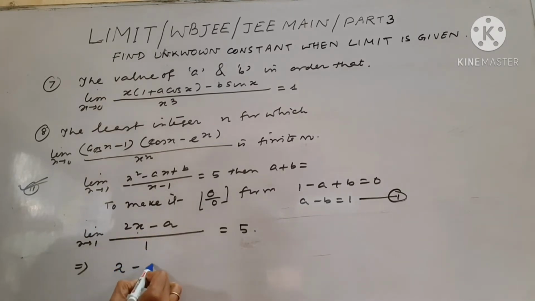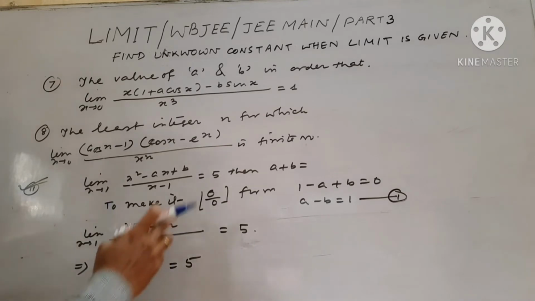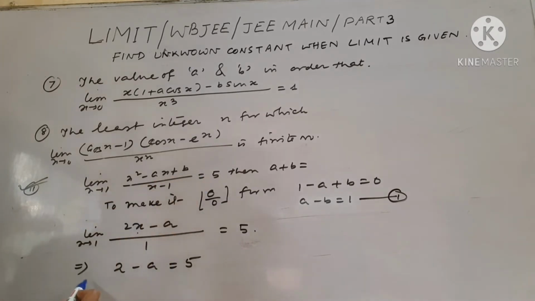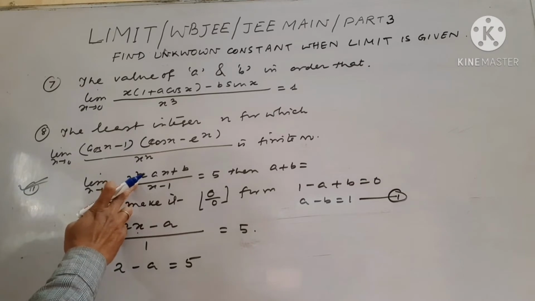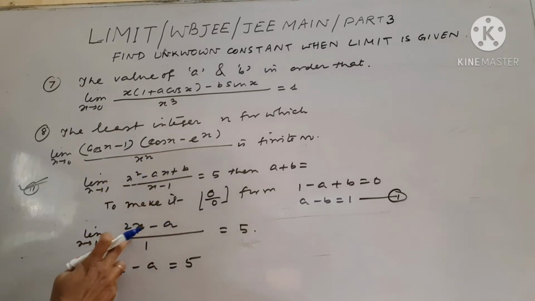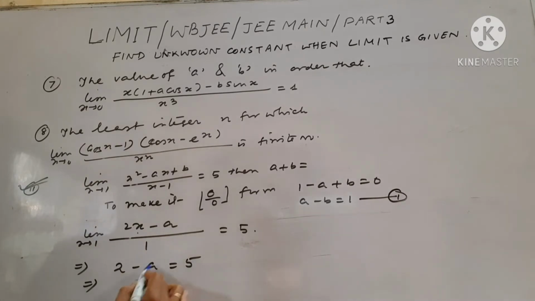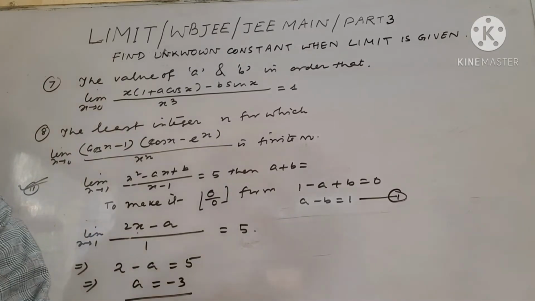So 2 minus a equals 5. So what is a? A is minus 3.